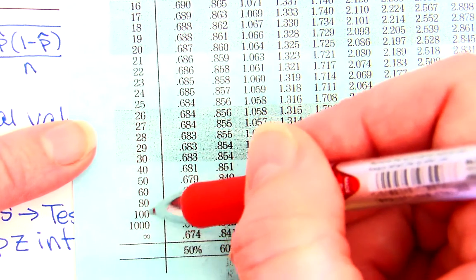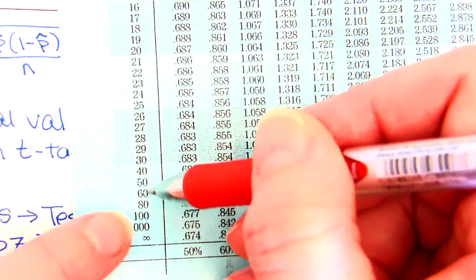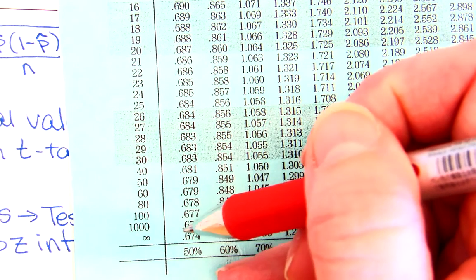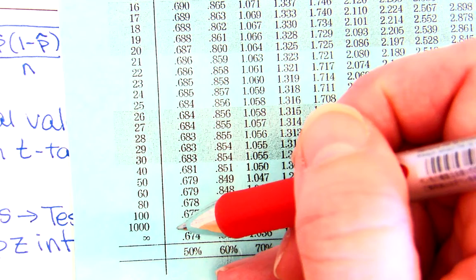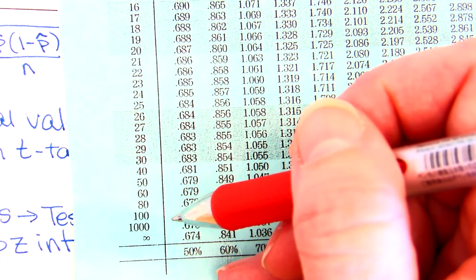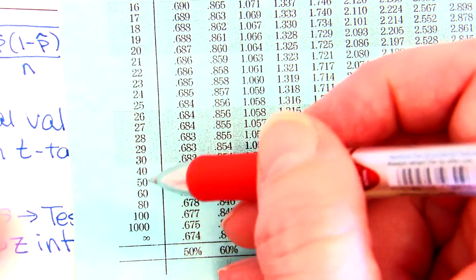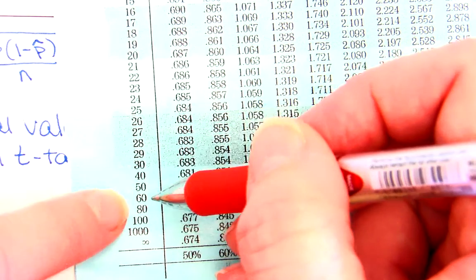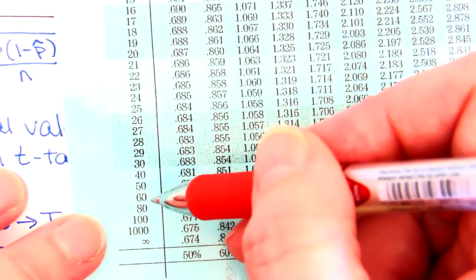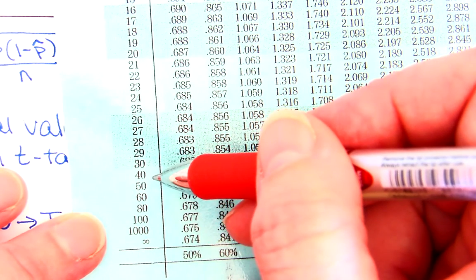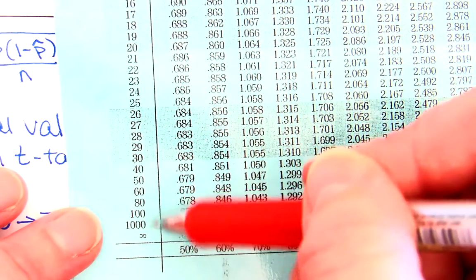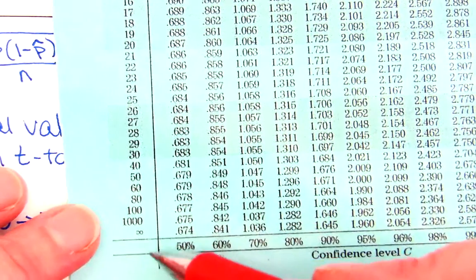So it skips over some values when you get big. If you had a sample size of, let's say, 47, well, your degrees of freedom is 46. We would think round up, but you always go down. On these, if it's in between, you pick the smaller one. So anytime it's between there, you go smaller.